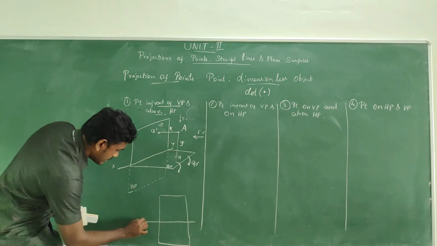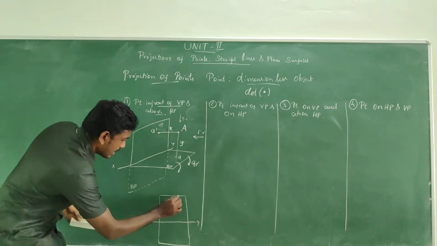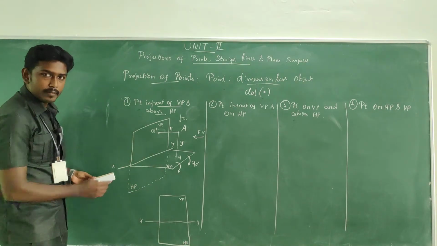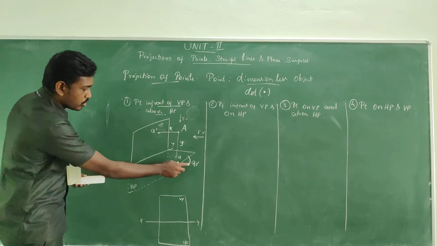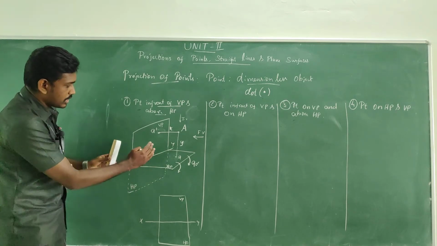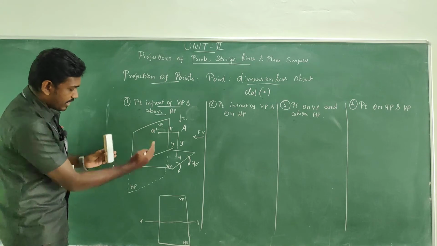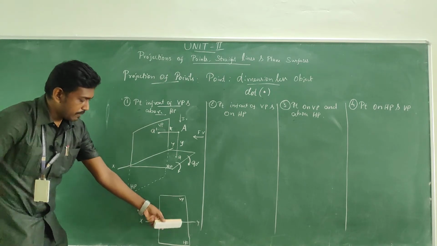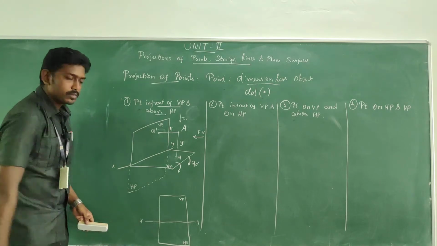So here it is the XY. Here is the VP plane, here is the HP plane. Can you agree with me? We have just rotated 90 degrees. So the position of the plane is like this. When you take it to the front, you could see the representation like this.